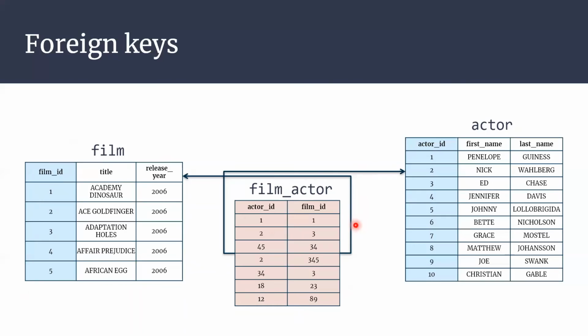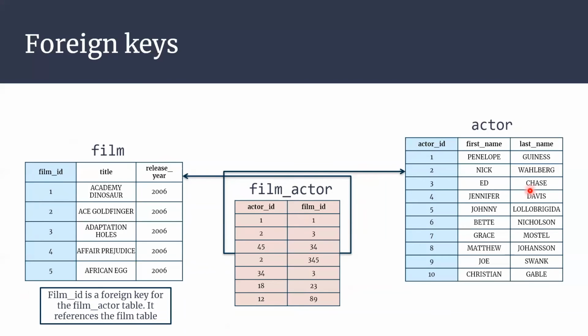So the film ID column refers to the film table. So the film ID column here is the foreign key for the film table. And similarly, the actor ID column here is the foreign key for the actor table.